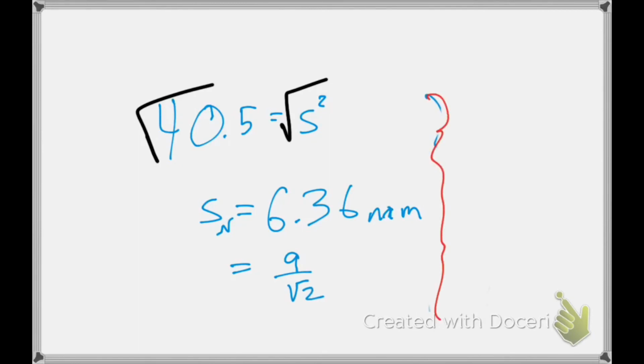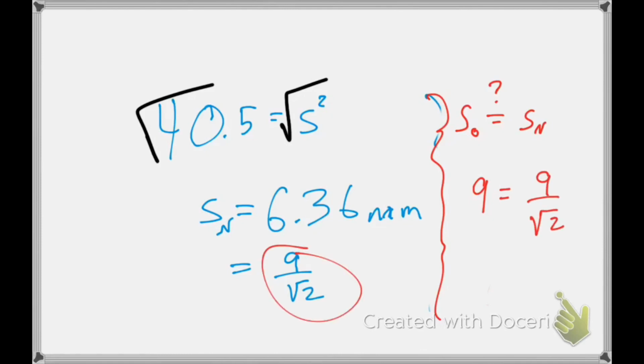So how does the old side length, SO for old side length, compare to the new side length? Well, the original was 9. The new one was 9 over root 2. So if I take my original and multiply it by 1 over root 2, that will give me my new one.